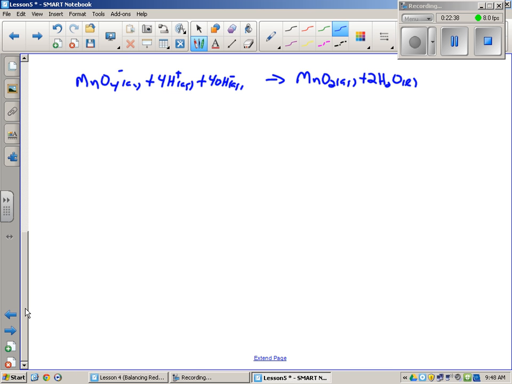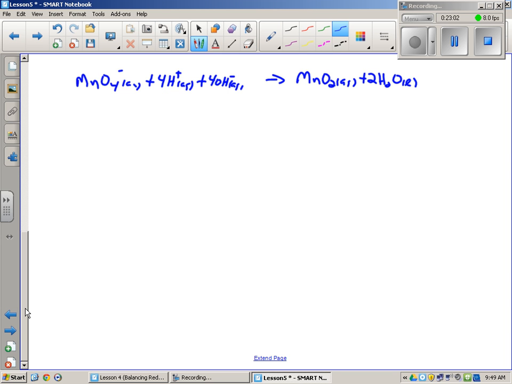Yes? Okay. But if I add 4 hydroxides to the left side, does the left side equal the right side now? It did until I added those, right? Without this, look, oh, this is where I wish we had, anyway, old whiteboards.